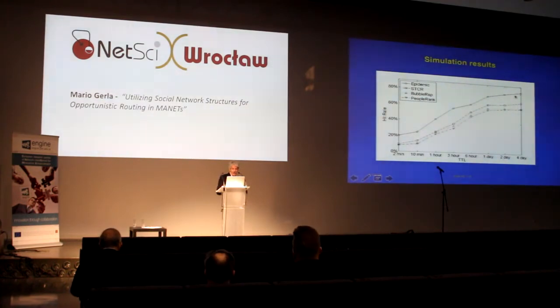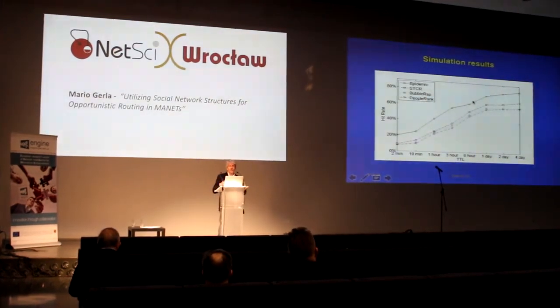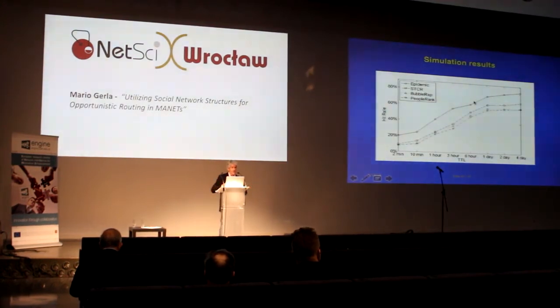I mean, the most is 80%. And interesting enough, if you look at the best performance, here is the epidemic mechanism. So epidemic is really the best of all worlds because you try all the possible paths. So you try all the paths and epidemic wins. However, the second best is this social tie content routing.